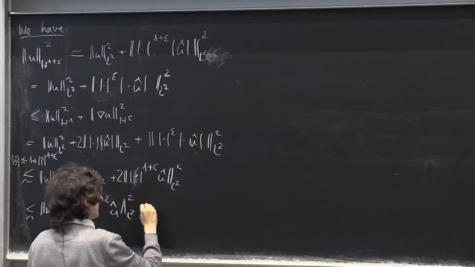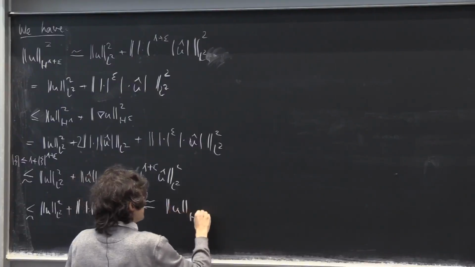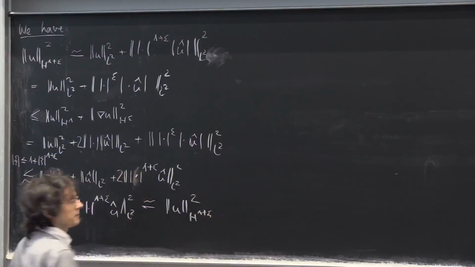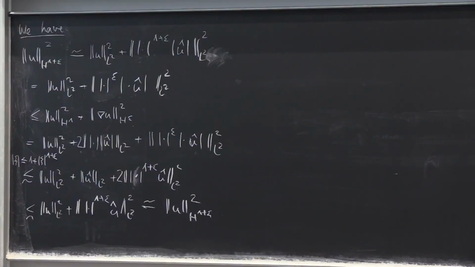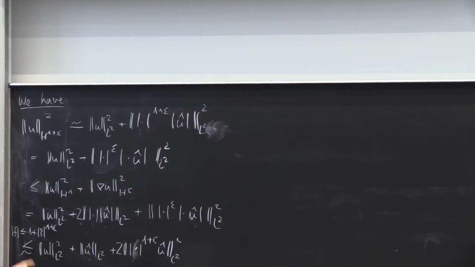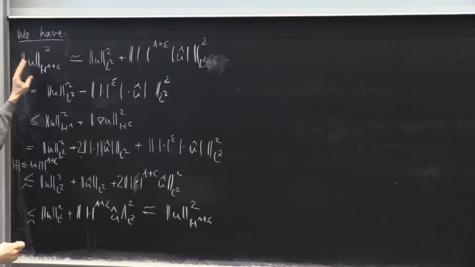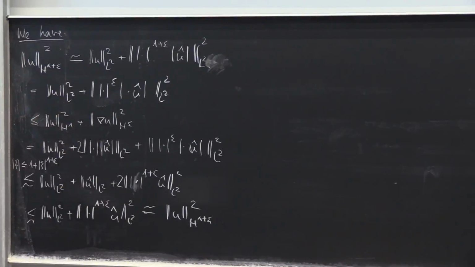And this is equivalent to the H1 plus epsilon norm of u squared. Okay, so somehow it's all doing Fourier transforms and estimating norms, and the main trick is this one. And then you have the same here, and you have all the equivalence of norm. This norm is equivalent to that norm, and this gives you the lemma.